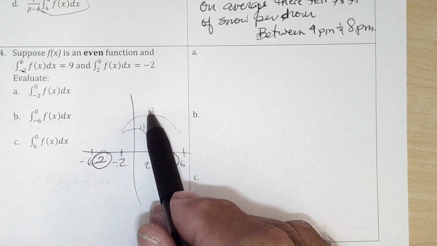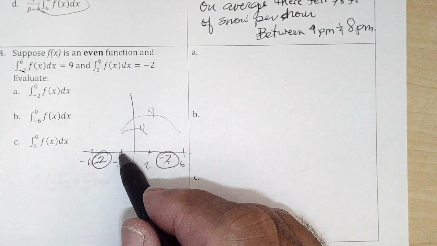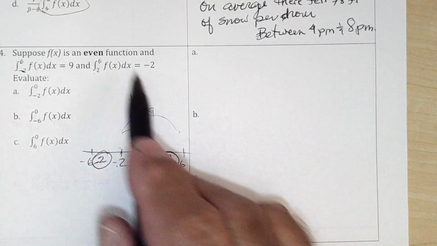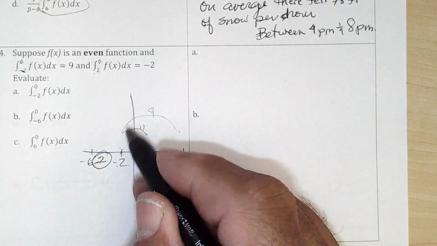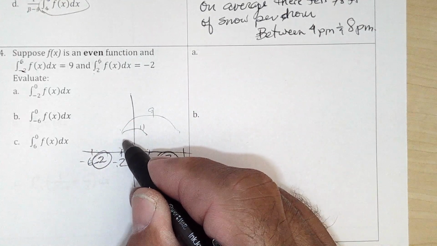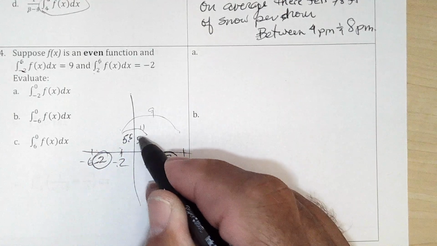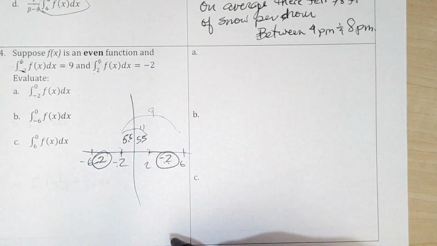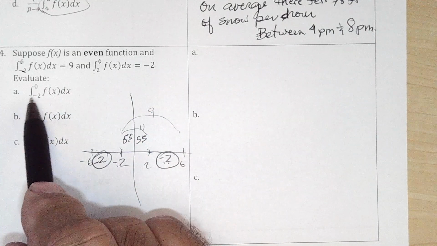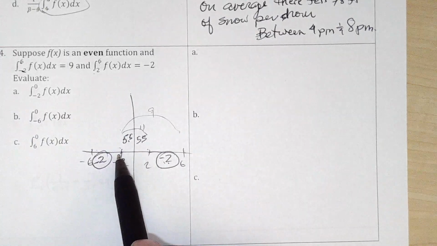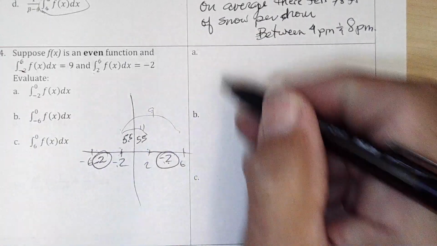11 minus 2 is 9. If it's 11 and it's symmetric, it must be half of 11 here, which is 5.5, and 5.5 there. So how much is there between -2 and 0? 5.5.